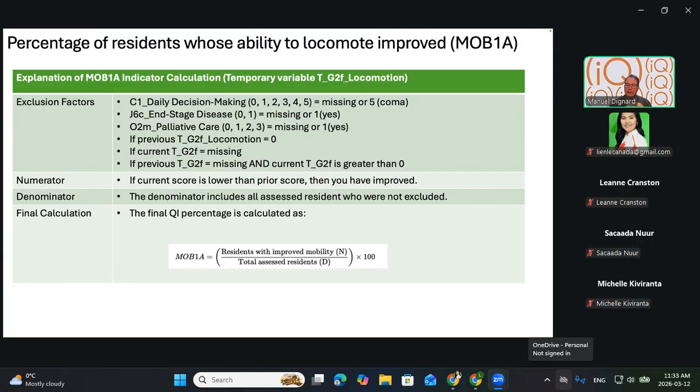And this is directly tied to quality of life, to the falls risk, to the discharge potential, so it can highlight the impact of our interventions, whether it's physiotherapy, mobility aids, care planning efforts aimed at preserving independence.